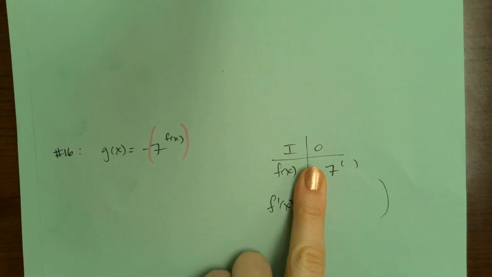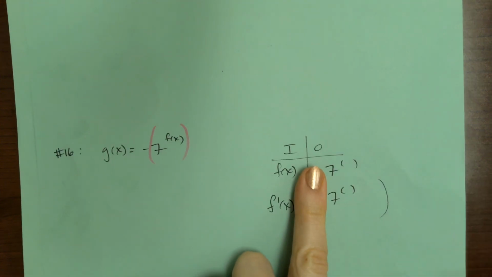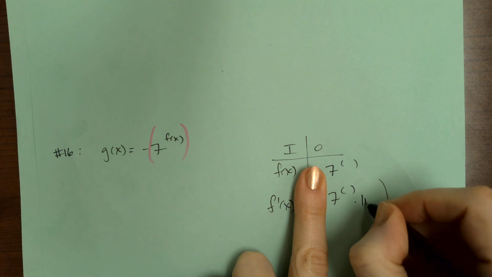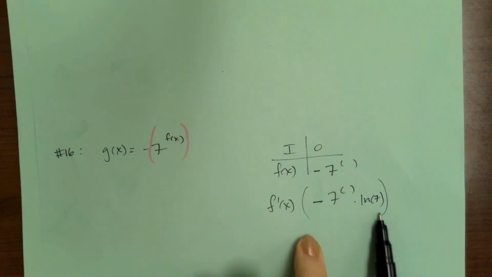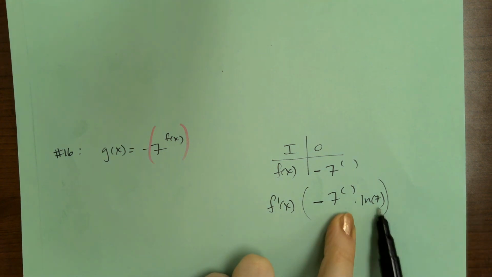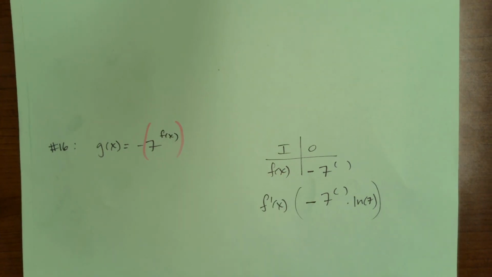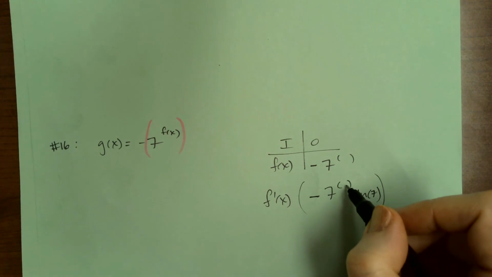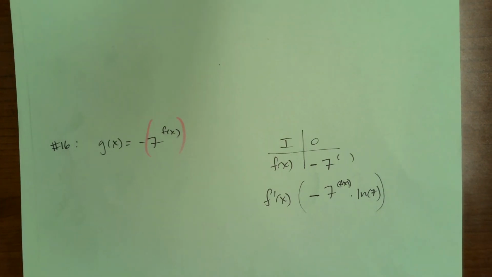This is a formula. So the derivative of 7 to the blank is 7 to the blank, you're ignoring the negative, because it's not part of the base, times the natural log of 7, all right? A big mistake is a lot of people might say times the natural log of -7, but no, it's the natural log of the base, and the negative is not part of the base, right? And then what goes back in here is f of x.